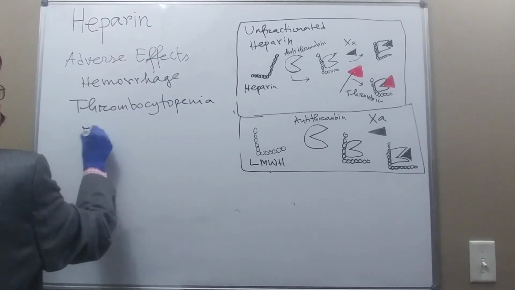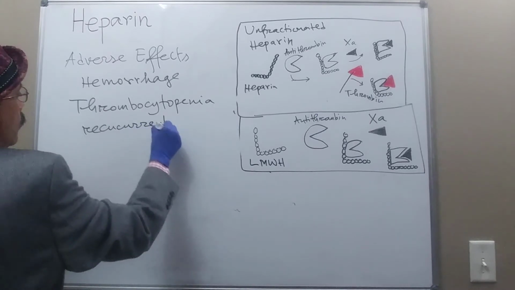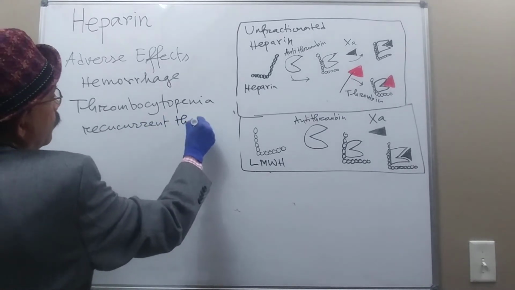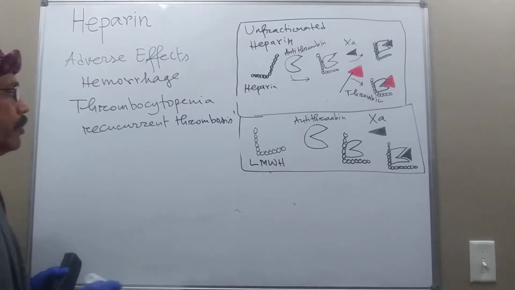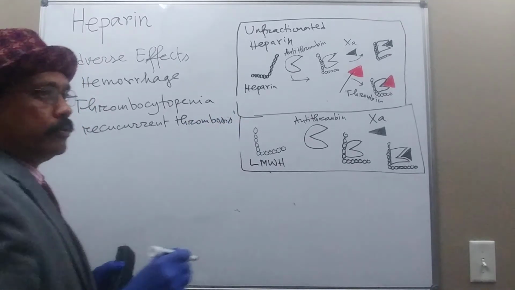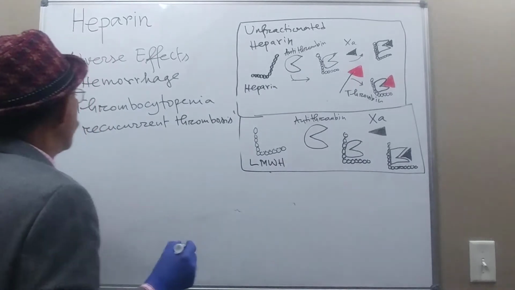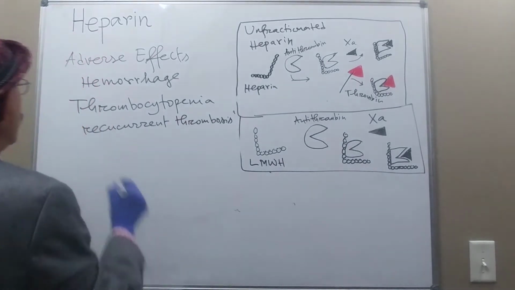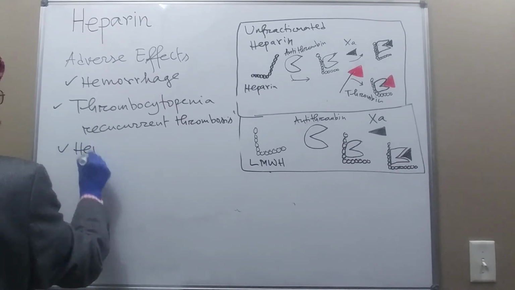Recurrent thrombosis is possible due to excessive thrombocytopenia. So due to thrombocytopenia there may be paradoxical thrombosis. Okay, we got that. Then hypersensitivity reaction.